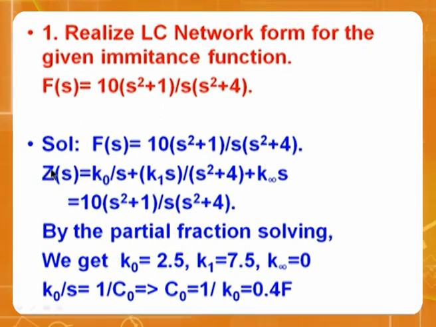Z of s into s, where s is equal to 0. What is K1? Z of s by s into s square plus 4, where s square equals minus 4. What is K infinity? Z of s divided by s, as s tends to infinity. So if you calculate these values, now come on, what is K0 by s?